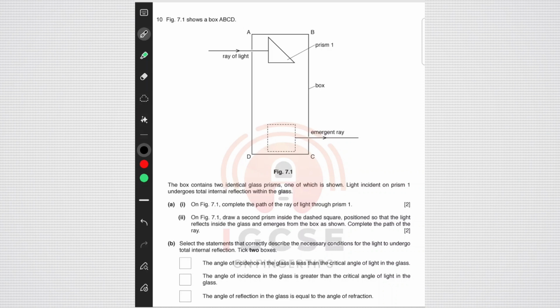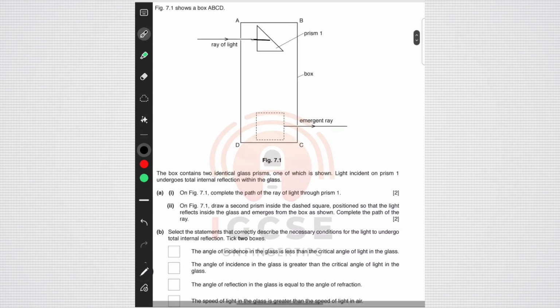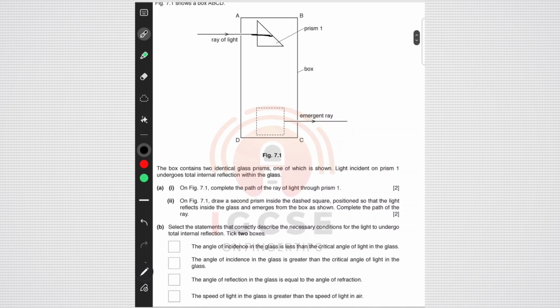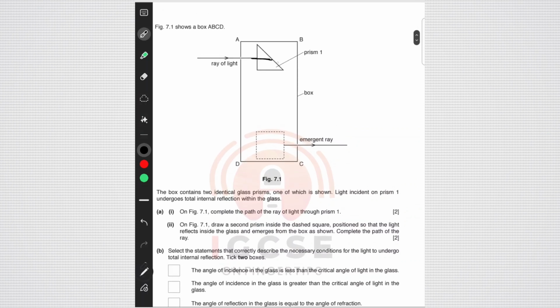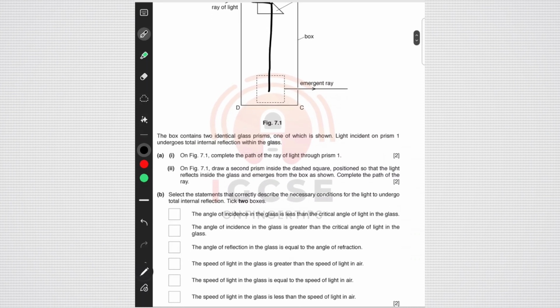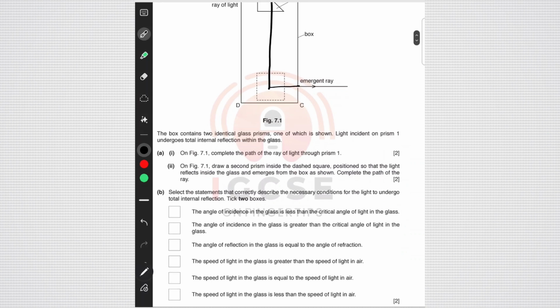So first let's do this. Here I will just draw a line like this. Now here what has happened, guys, they have not stated, but in your textbook you will find that this is nothing but a prism which has these angles as 45. Now in the previous question the angle that I just marked was not 45 and therefore the ray was bending, but here because the angle is 45 the ray would bend like this and then get reflected from here somehow and go like this. How can you achieve this?